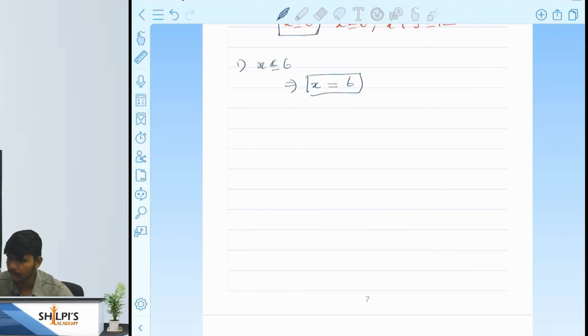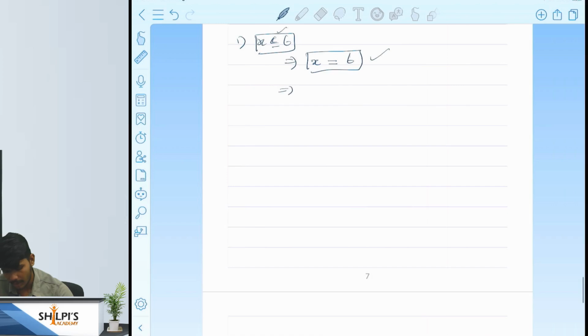That's all. I will not worry about whether this has equal to or not, only less than or greater than. I will take that linear inequation as a linear equation. So now I will draw the graph for x equal to 6.